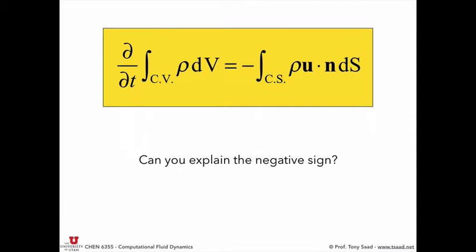Yeah, you can interpret it this way, but for me, the way I think about this is the rate of increase. If we are putting mass in, if all mass is coming in, then this guy needs to be a positive quantity, okay? But what is this guy? If anything is going in, this integral is negative, so I have to multiply it by a negative sign to make it positive. And then if things are leaving, that integral is positive, multiplied by a negative sign makes it negative, which makes the rate of change decrease. Okay? All right.